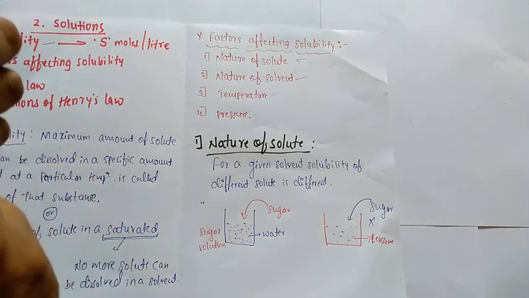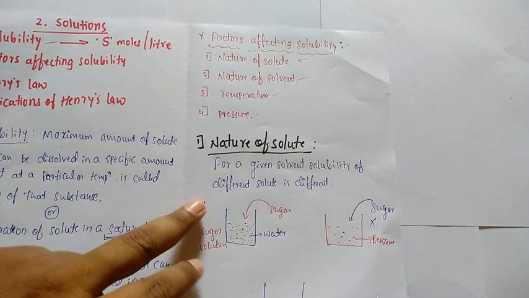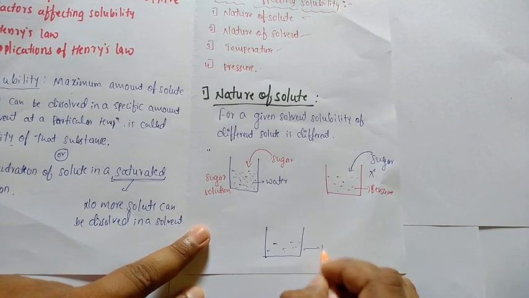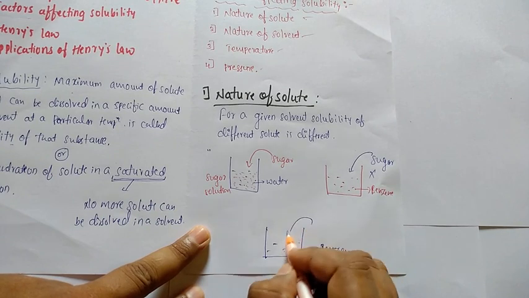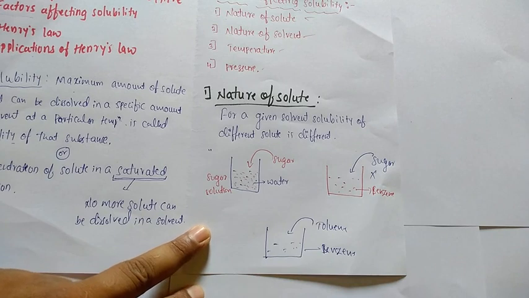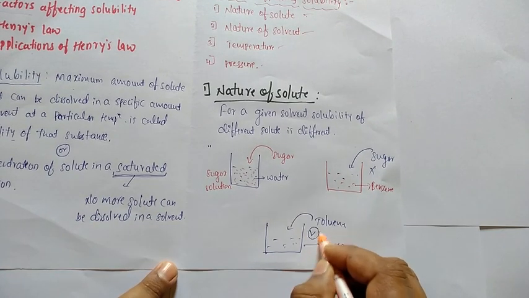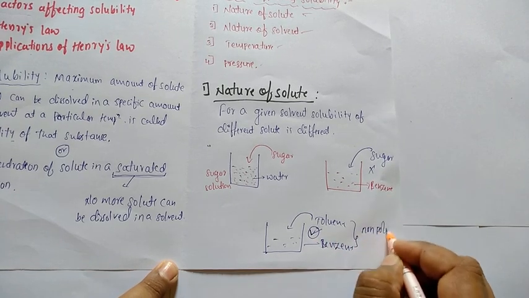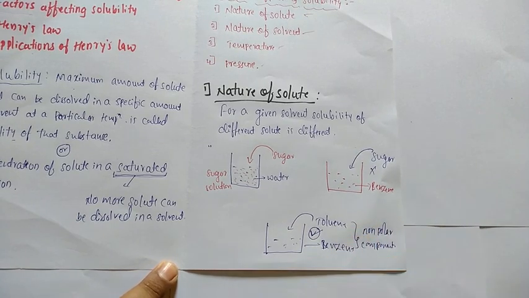Take benzene and toluene: one acts as solute and the other as solvent. They intermix with each other because both are non-polar components. Here like dissolves like.